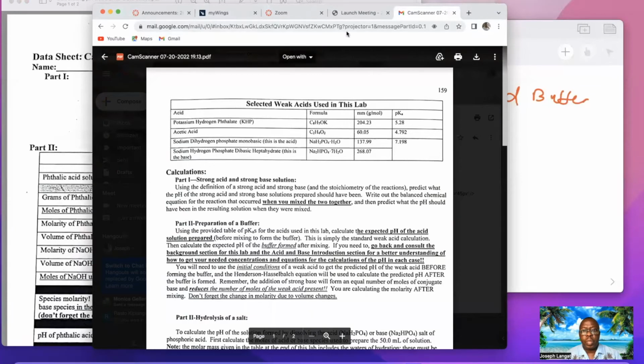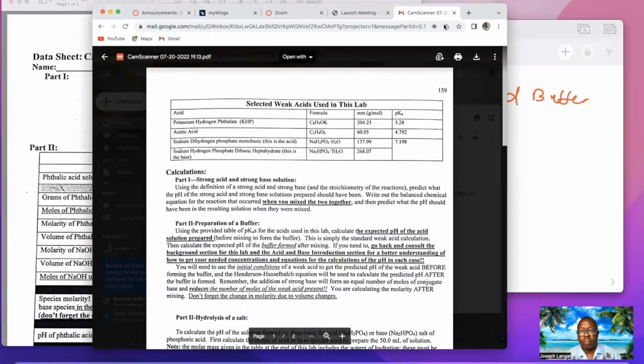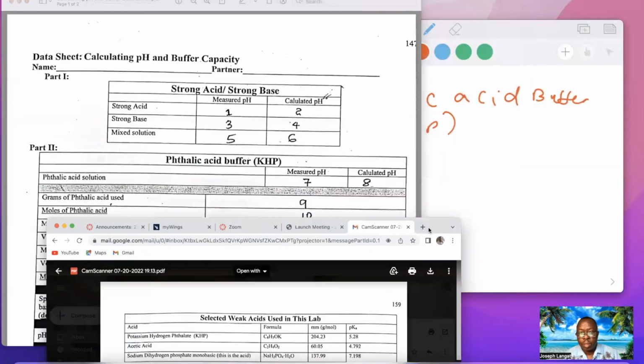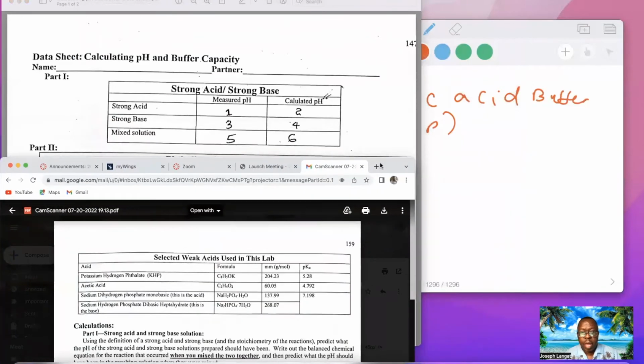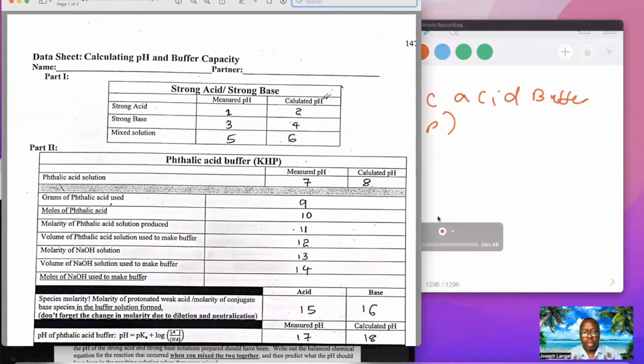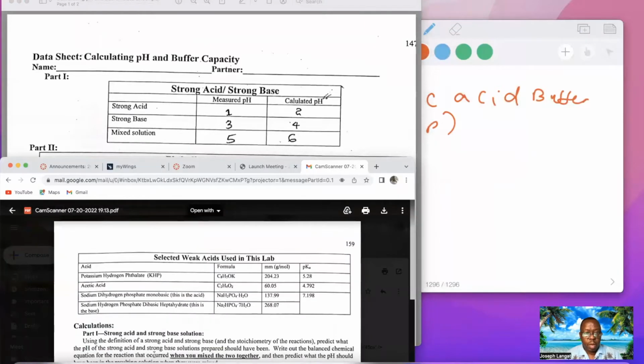We will also be looking at this. All right, we will need this for Ka, Kb. Now, let's see, number 7, you are supposed to read the instruction on how much you need to weigh out, all right?